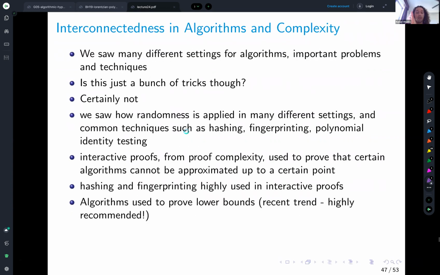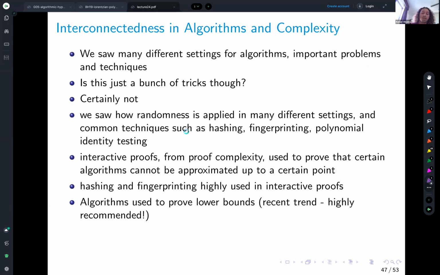And another thing that we didn't learn much in this course was that we can actually use algorithms, because I mostly emphasized now how complexity can help you in improving hardness of approximation and so on. But if you think about it, this is also a paradigm that we can use algorithms to prove lower bounds, right?